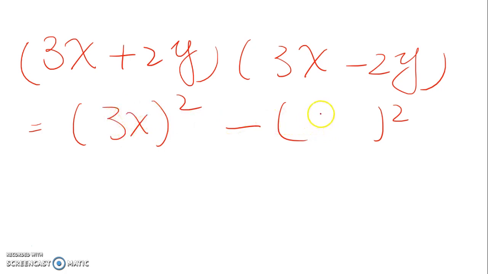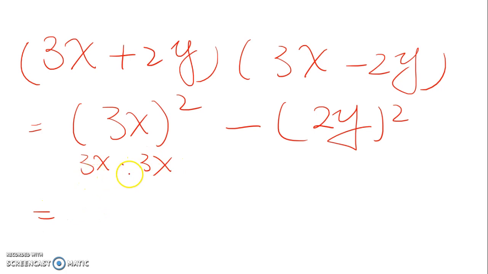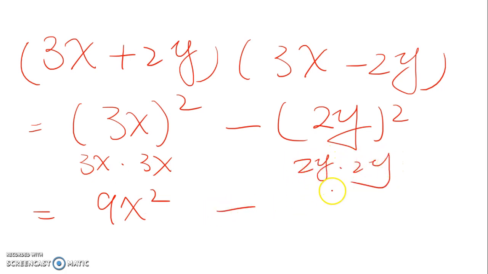The second something would be the second term, 2y. So 3x times 3x, which will equal, number first, 9, x times x, x squared. Take away 2y times 2y, number first, 4, y times y, y squared. And that is it for the explanation of difference of two squares.